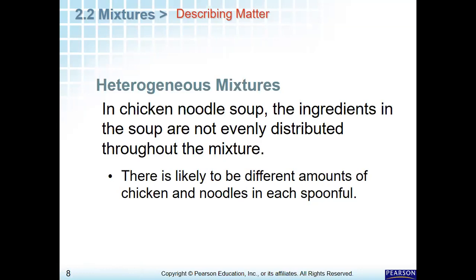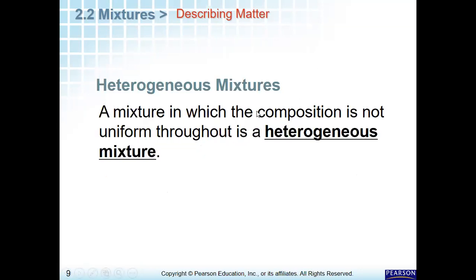So there are likely to be different amounts of chicken and noodles, so you can recognize that and differentiate between them easily. A heterogeneous mixture is a mixture in which the composition is not uniform throughout it.